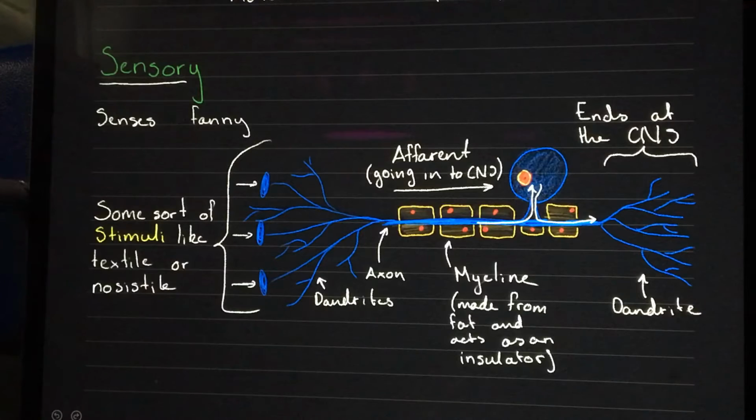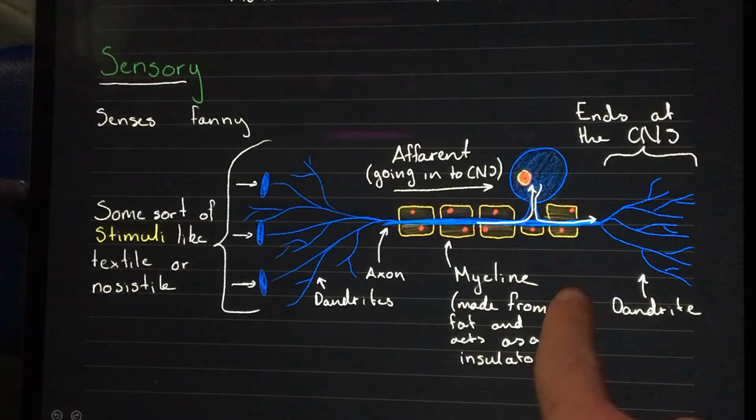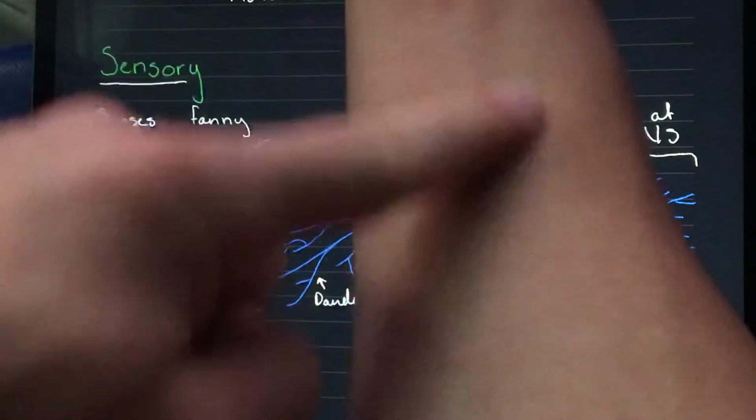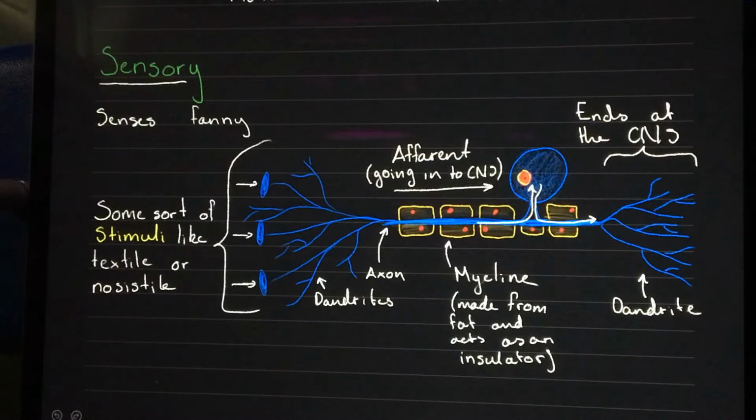Now, the cell consists of the dendrites, the axon, and on the axon a myelin, which is basically these sorts of cells that are made up of primarily fats and act as insulators that wrap themselves around it. So for example, if you have ever seen in a surgery how when there is a cut you can literally see the neurons and it's white, that's the myelin.